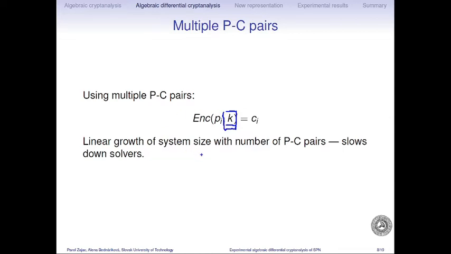Essentially, the number of PC pairs corresponds to the number of such systems, thus the system size grows linearly, and this means that it gets slower and slower to solve the system. Even if we have more information about the key, typically it takes longer to solve the larger system.